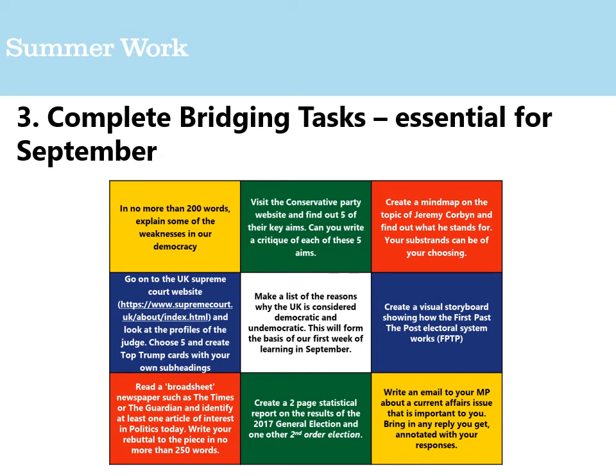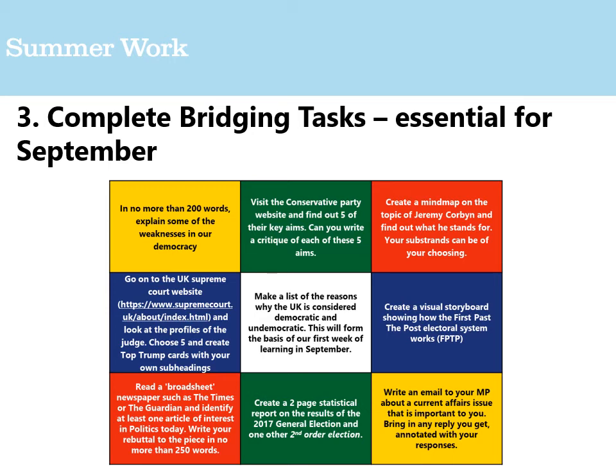So as a hint for that particular task, try and think about what makes something democratic, or what is democracy, and then you'll be able to form that two-sided list. Maybe consider Parliament, maybe consider our Prime Minister, maybe consider referendums or elections, and they might be the basis of your particular lists.